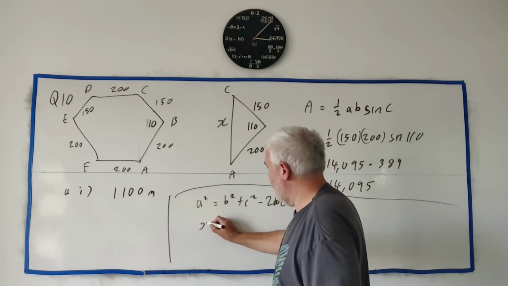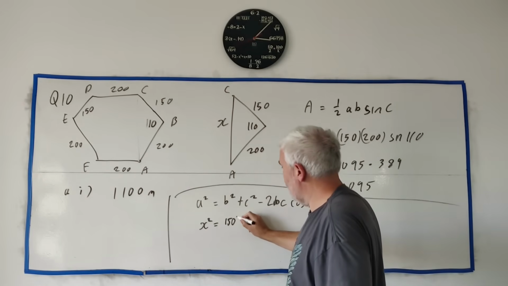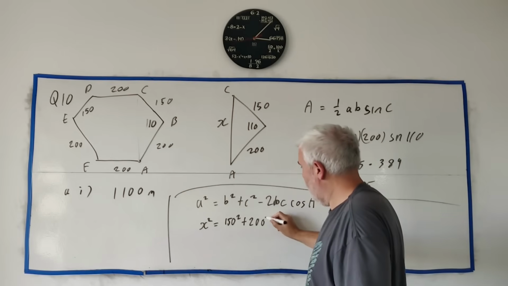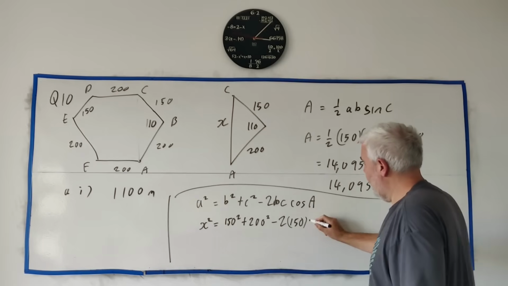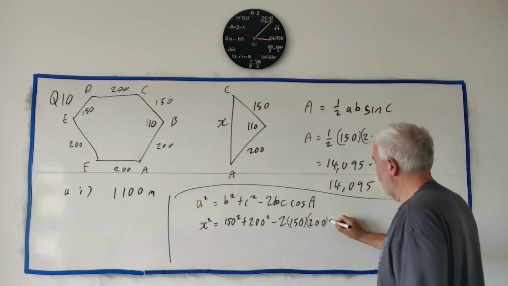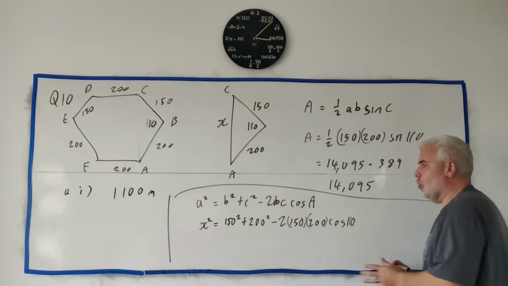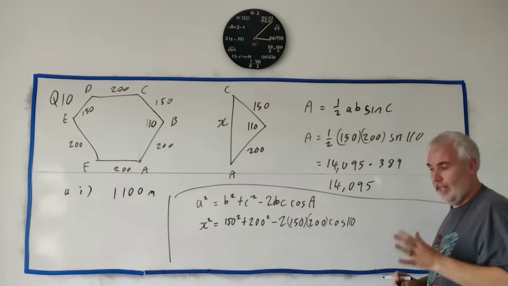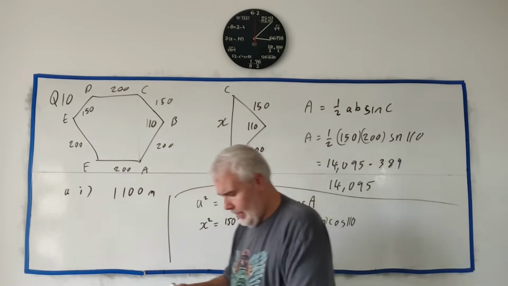So to put all that in, we'd have x squared is equal to, let's say, 150 squared plus 200 squared minus 2 times 150 times 200 times cosine of 110. You can put all of this right side into a calculator, or you can take the square root of it right now. I've done it both ways.